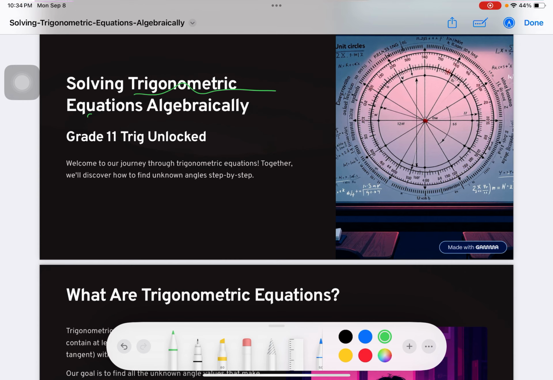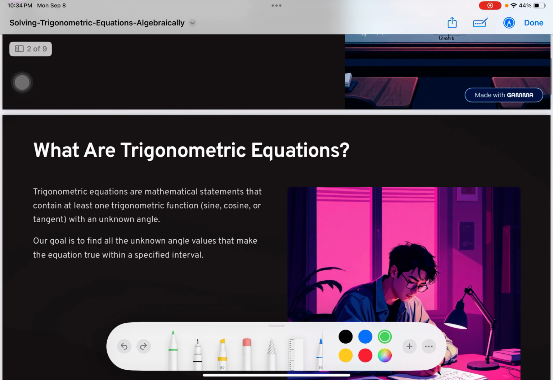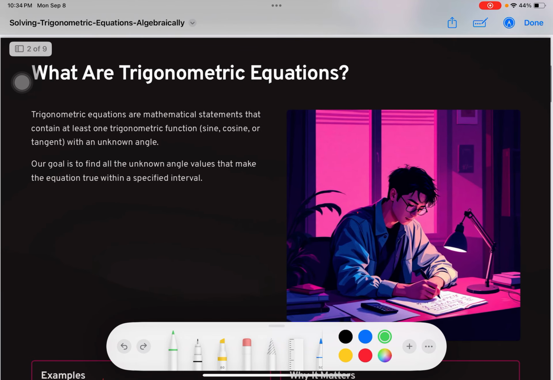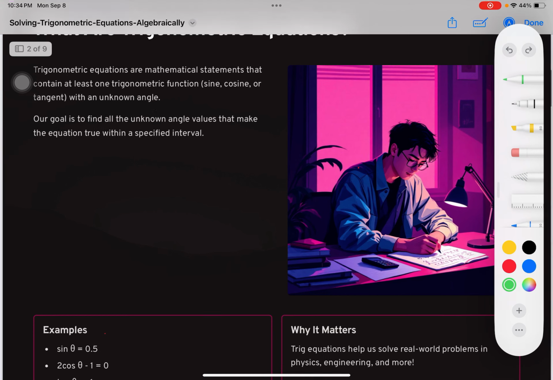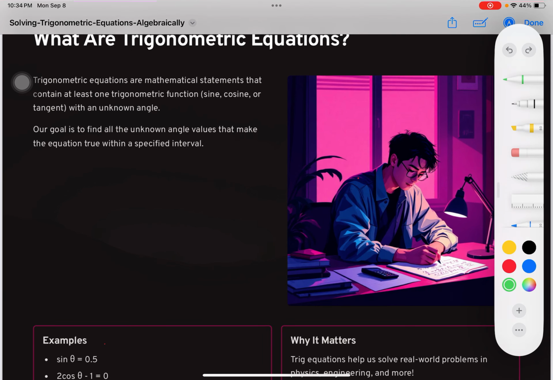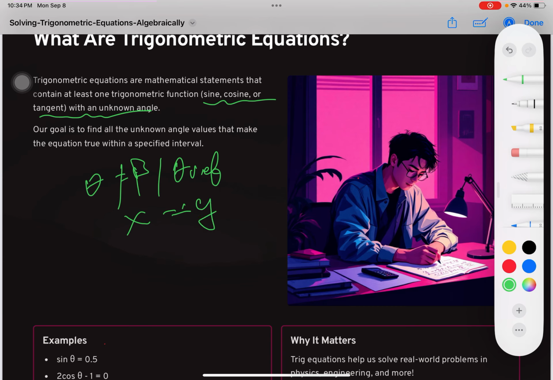Today we're going to learn about trigonometric equations algebraically. So basically, what are trigonometric equations? Of course, it's basically an equation that contains any one of the trigonometric functions, like tangent, with an unknown angle, which can be theta, beta, x, y, any variable can be used.